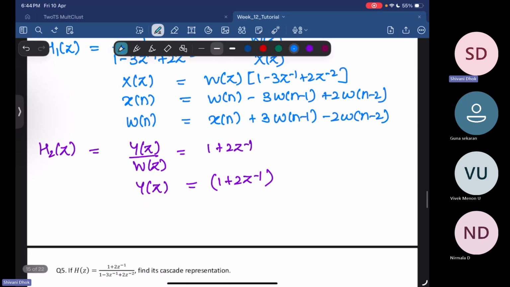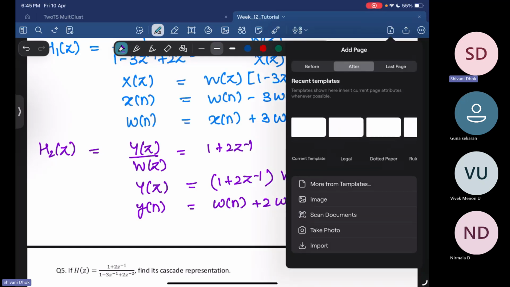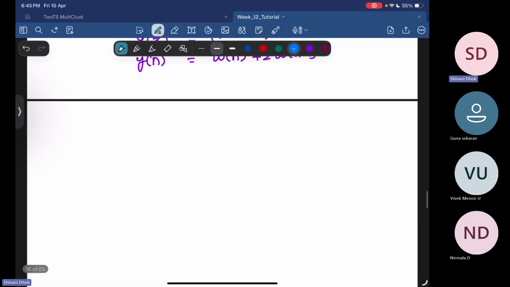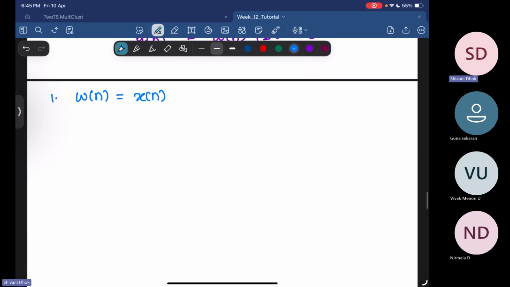Sorry. And the second term is Y of z upon W of z. So this is equal to Y of z equal to 1 plus 2z inverse into W of z. So you get y of n equal to w of n plus 2 times w of n minus 1. So we have two equations. First one is w of n is equal to x of n plus 3 w of n minus 1 minus 2 w of n minus 2.